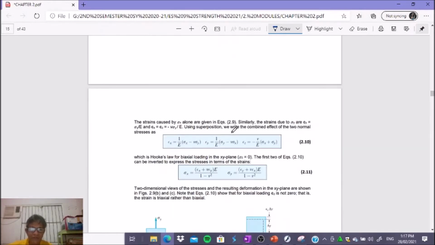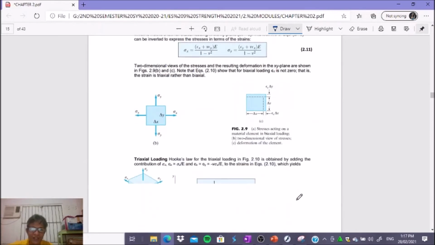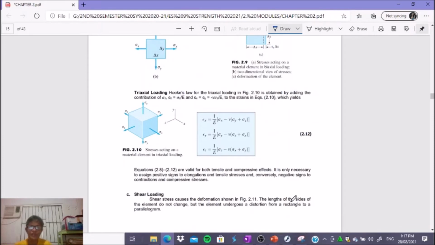Then, for triaxial load, makikita nyo dito sa mga expression na yan. Ito yung sinulat ko kanina. Biaxial nga lang ito. Ngayon, kapag triaxial, ito yung triaxial na sinulat ko kanina.